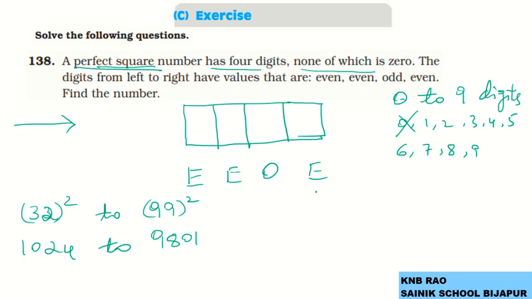Now coming to the next, I have to have even here, even here, odd here, and even here.